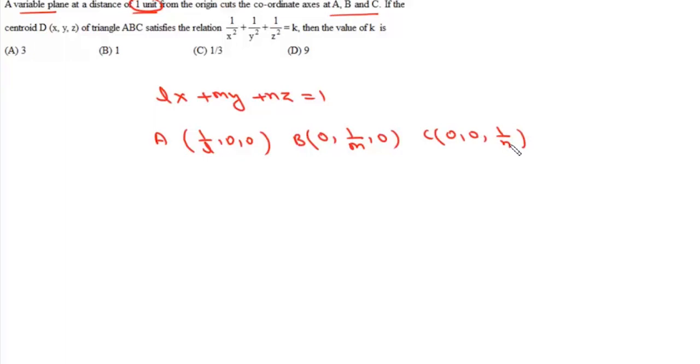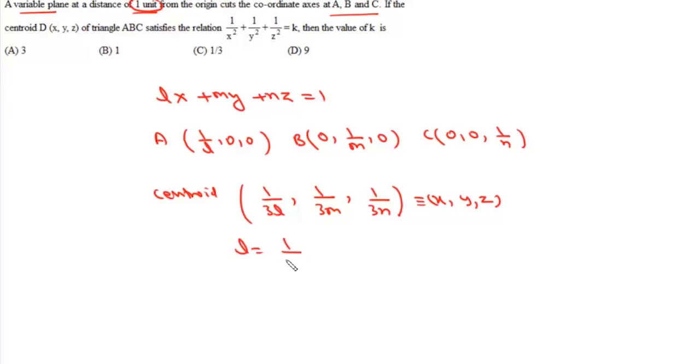Now the centroid of this triangle satisfies this relation. Now we find the centroid. The centroid of this triangle will be (1/3L, 1/3M, 1/3N), and we are given this centroid as (x, y, z). Now we can write L as 1/3x, M as 1/3y and N as 1/3z.